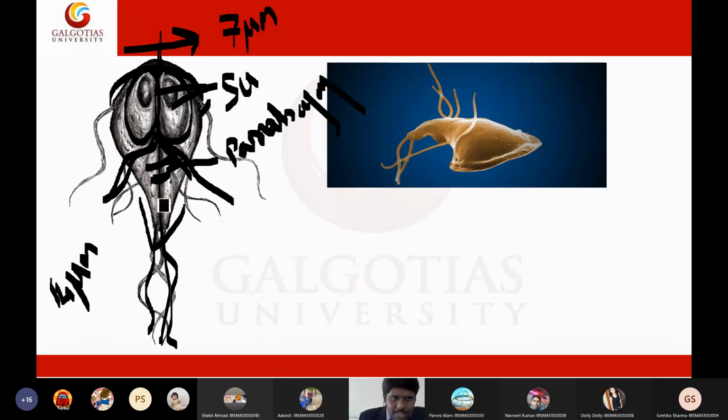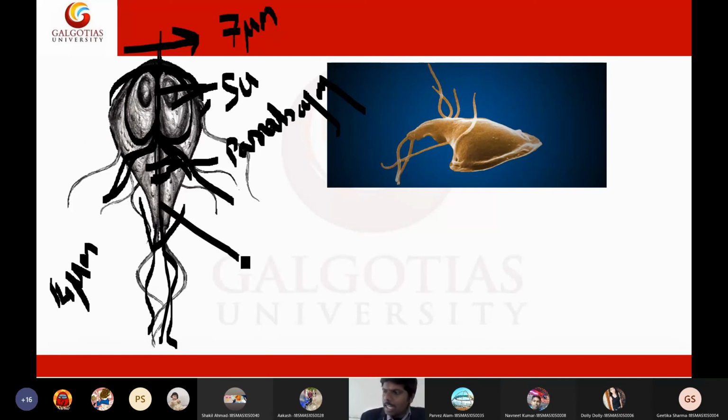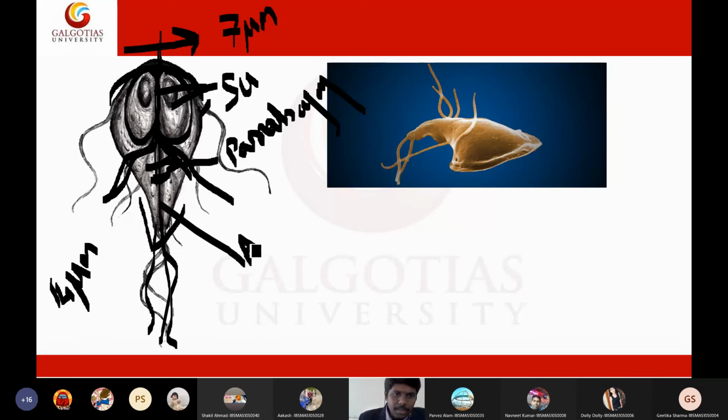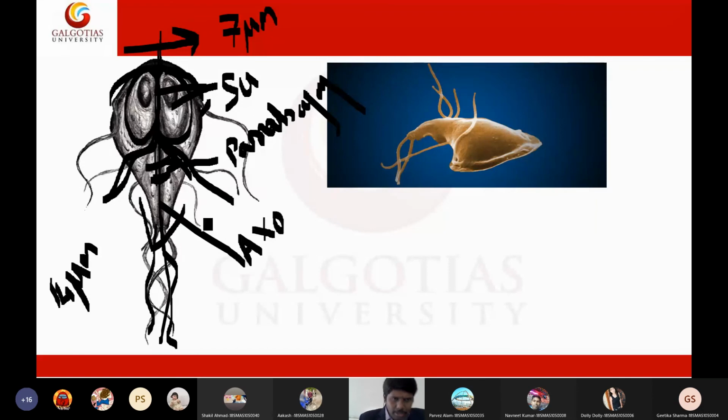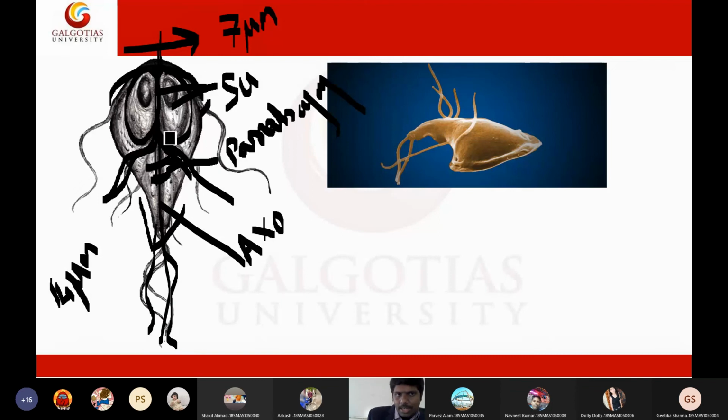In the center it has a midline, which acts like a vertebra to this parasite. That midline is called the axostyle. At the end of this axostyle it will have two posterior flagella, and at both sides of the sucking disc it has other flagella.